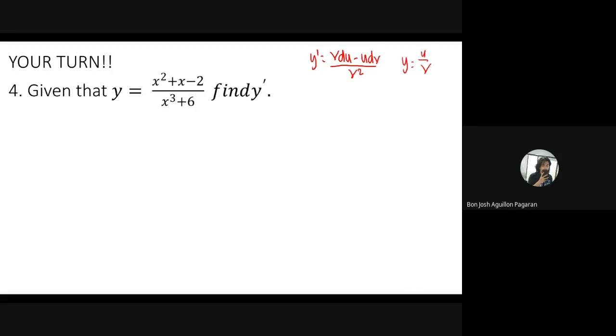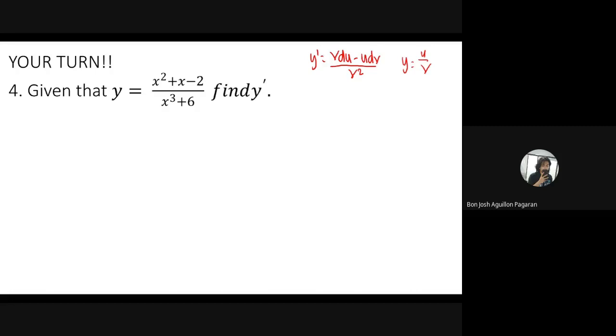From Nico is Guerra, negative x to the fourth plus 5x cubed minus 6x squared plus 12x. Oh, interesting. Magkakaiba rin sagot. From Bon, negative x to the fourth minus 2x cubed plus 6x squared plus 12x plus 6. Oh, iba din ang sagot.